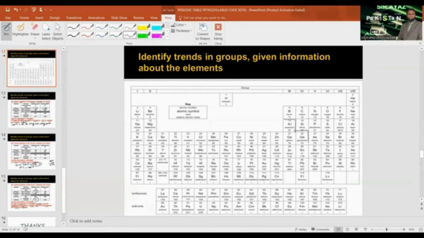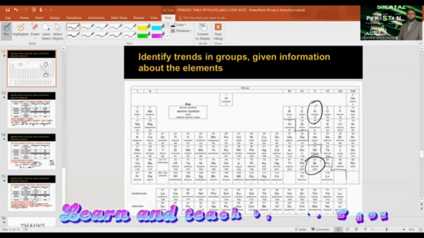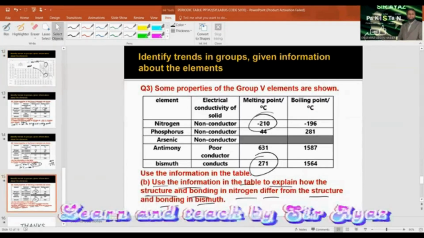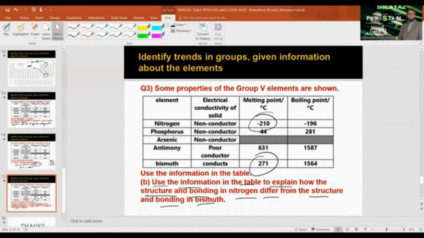I'm showing the staircase line also for your convenience. You see group 5, here's bismuth and here's nitrogen. Bismuth should be a metal and nitrogen is a non-metal. So it's a difference between metal and non-metal, and if you look at this table, you can easily predict the difference.